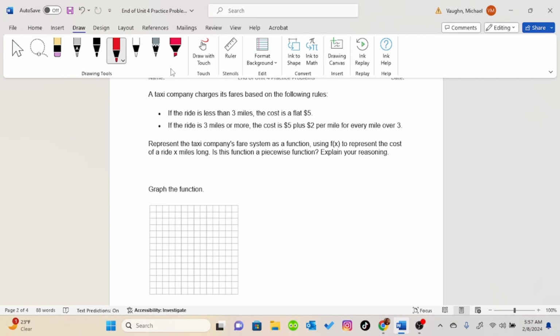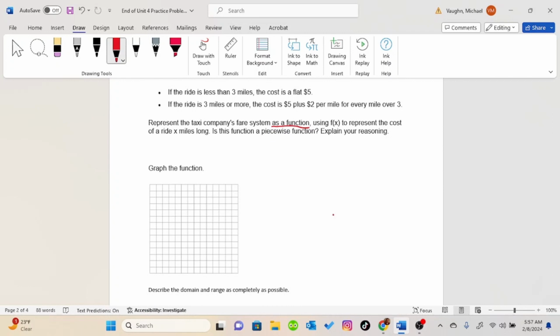Represent the taxi company's fare system as a function using f of x to represent the cost of a ride x miles long. Is this function a piecewise function? Explain your reasoning.